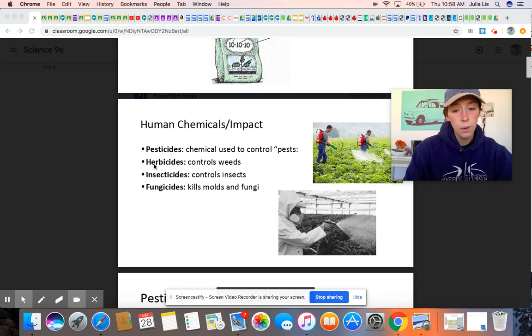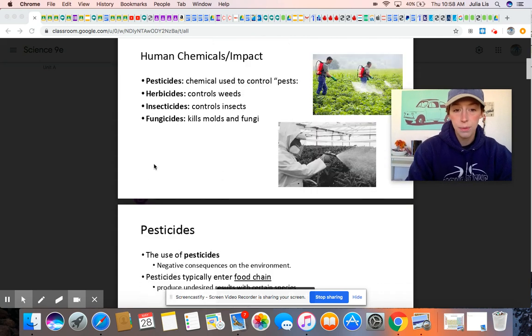We don't know a lot of the negative effects yet on humans, having used a lot of these different pesticides. But insecticides are designed to just kill insects and not harm the plants that we want to grow. Fungicides kill funguses, molds that are also affecting our plants' growth.